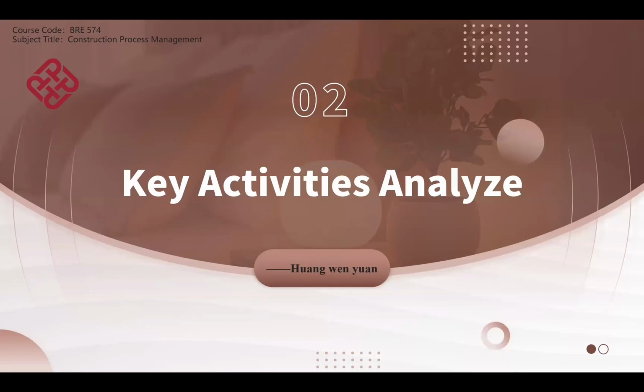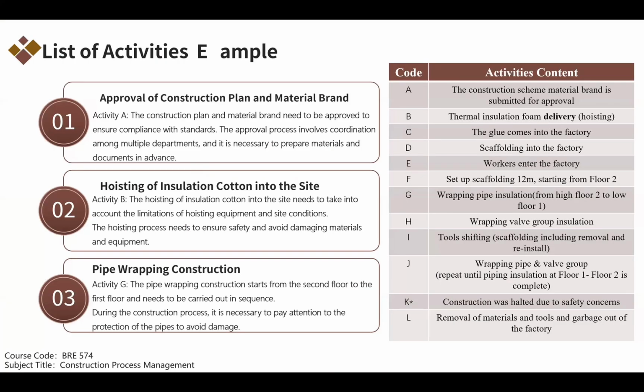Here comes my part. It's about the key activities analysis. According to the whole project, we divided it into these activities. The first activity, A, is about the construction plan and material bands. The construction plan and material band need to be appropriate to ensure compliance with the standard.